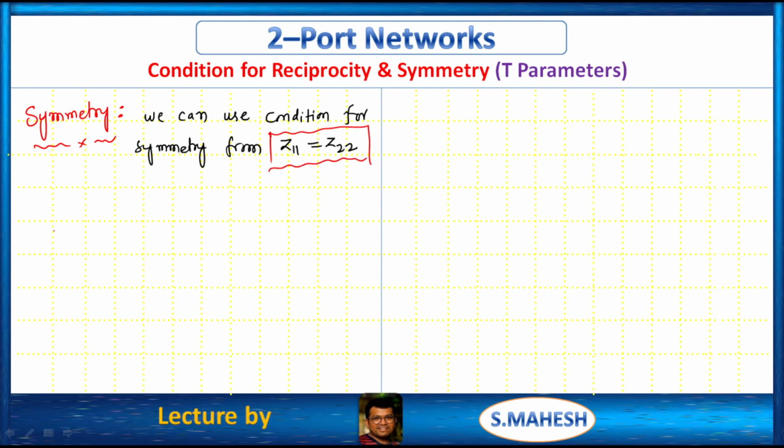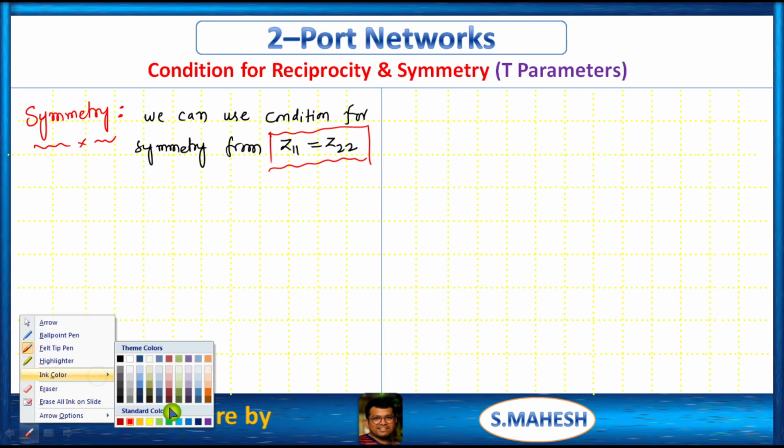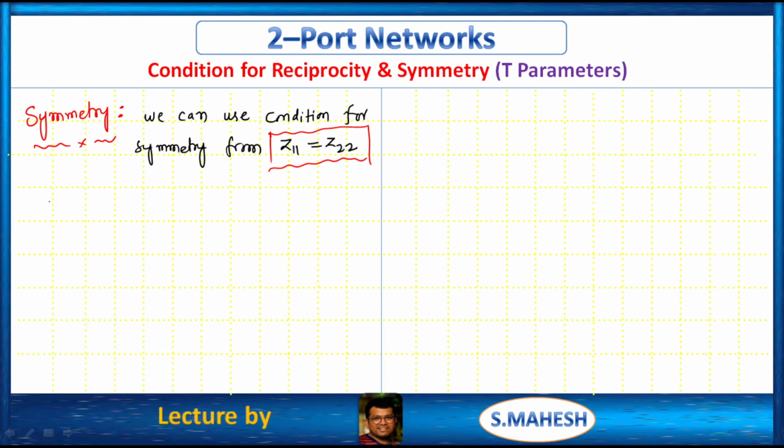Therefore, first we have to get Z11. Z11 is V1 by I1 when I2 equals 0.